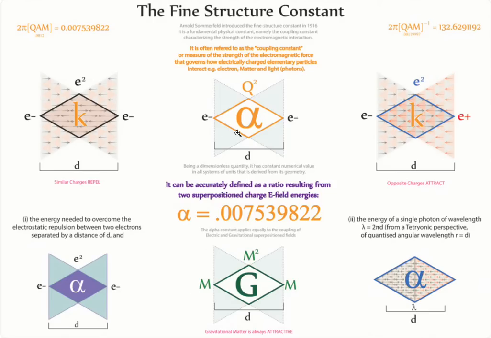But in all cases, we can reterm this, whether it's charge or matter, as the alpha coupling, or the fine structure constant. And again, the number for the alpha constant is 7.539 by 10 to the minus 3.